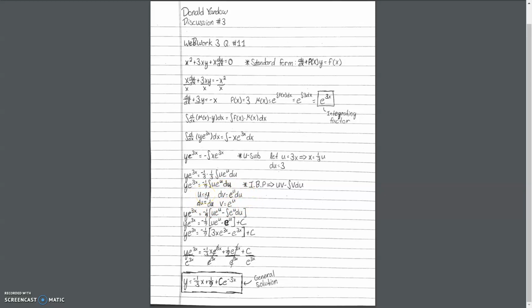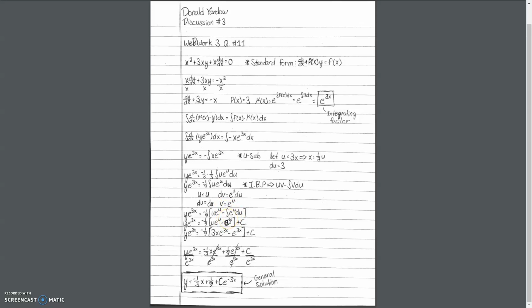And after using IBP, we are left with y times e to the 3x equals negative 1/9 times the quantity u times e to the u minus the integral of e to the u du.